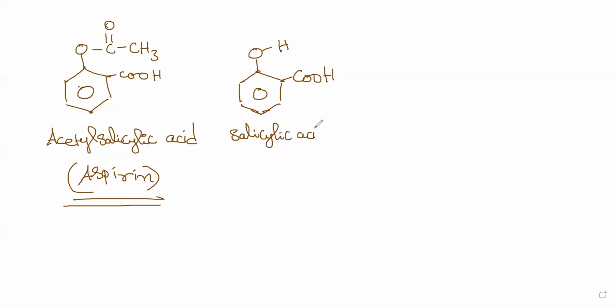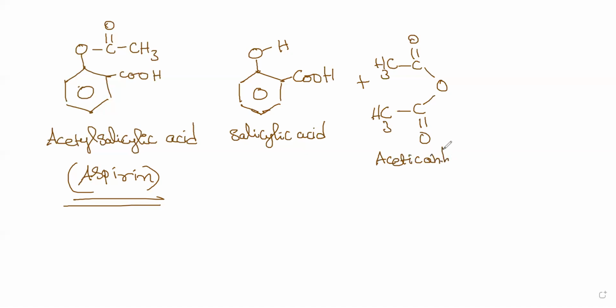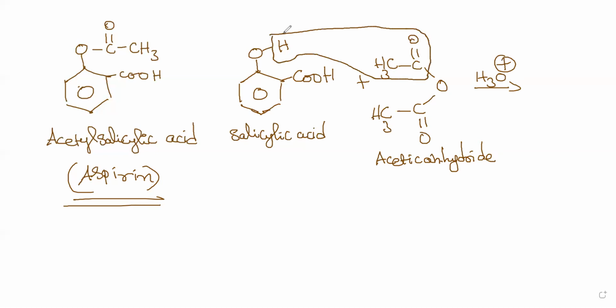Salicylic acid is treated with acetic anhydride. So when it is treated with acetic anhydride, in the presence of an acid, what you are going to get is the ester. Hope you understand. This is how the ester will form.